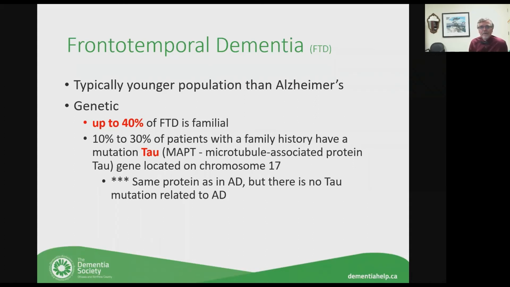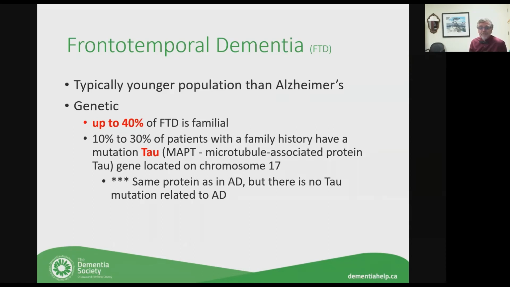So we mentioned this one earlier, frontotemporal dementia. It is quite common, and it's typically diagnosed at a younger age. So if you remember, we had those little pie graphs there, and it's typically a younger population than our typical Alzheimer's group.